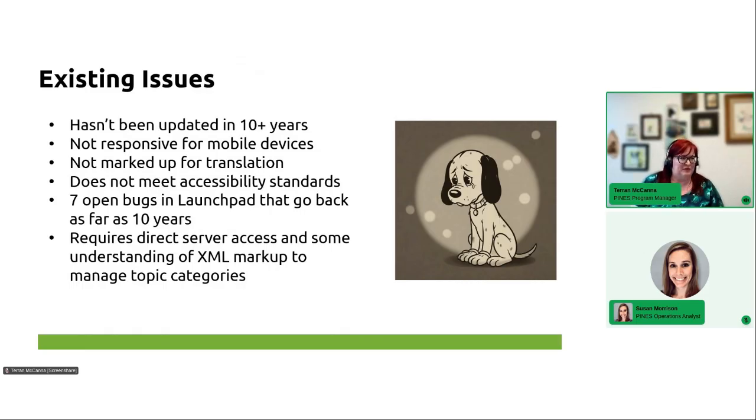The KPAC really hasn't been changed in the last 10 years or so, ever since it first rolled out. There's been a few tiny changes here and there, but nothing major. At the time, it was up to current standards, but in today's environment, it really doesn't meet any standards as far as responsiveness, translatability, accessibility, etc. It also is not particularly easy to manage currently.